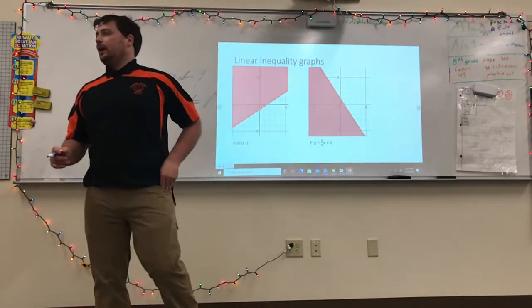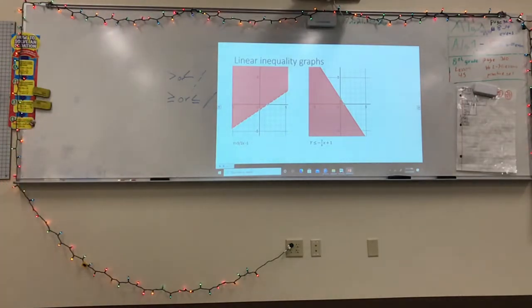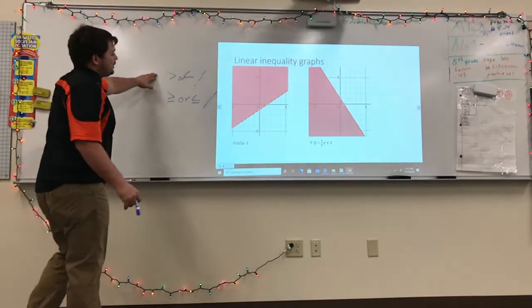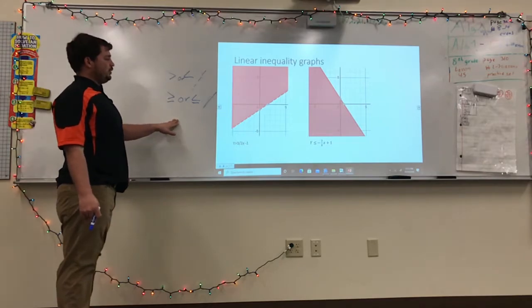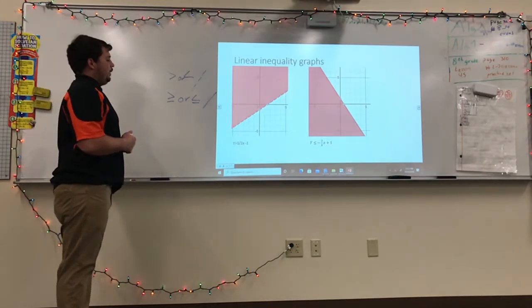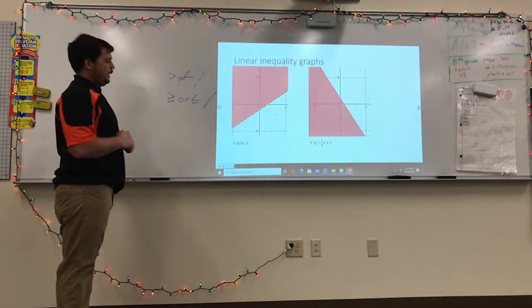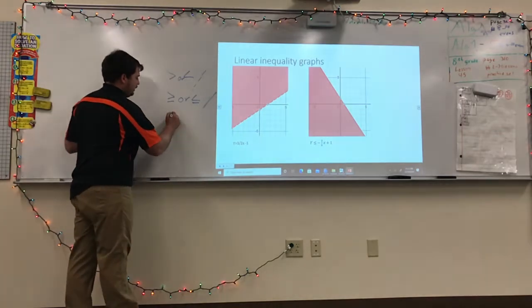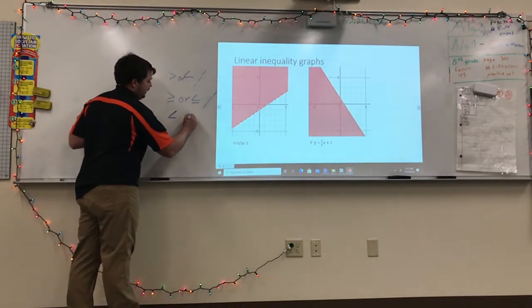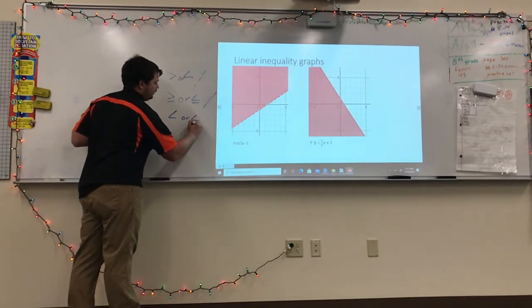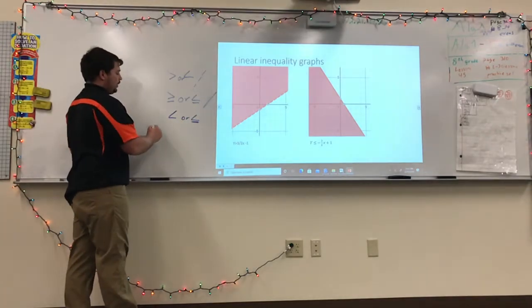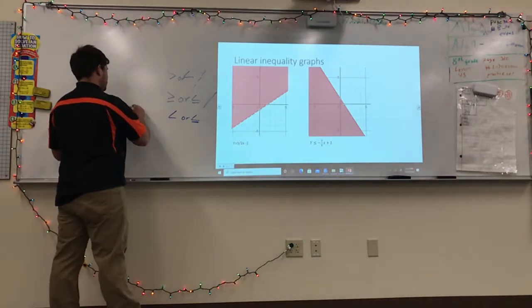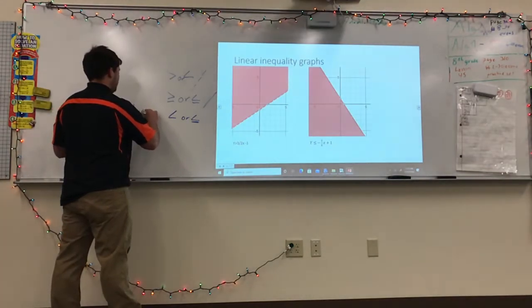So that's one thing. If you have symbols like this, you should have a dashed line. If you have symbols like this, it should be a solid line. Now, if it is less than or equal to, you are going to shade below.